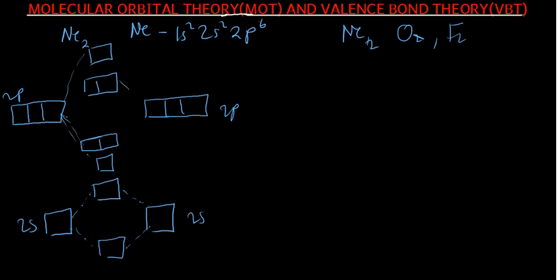Okay, so this is what we have. This is a general molecular orbital diagram for these 3. So we are going to fill in our electrons. The 2s has got 2 electrons, so this 2s on this side has got 2 electrons.